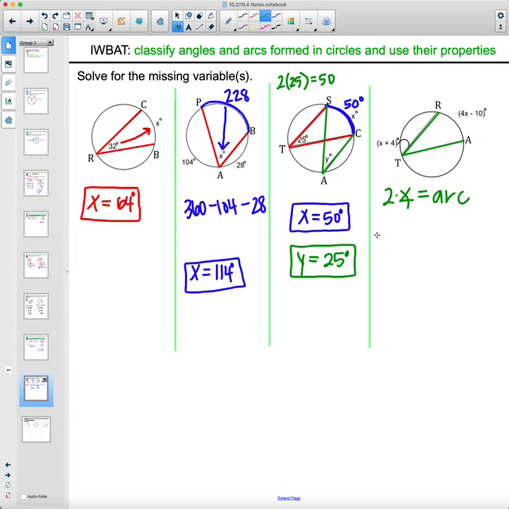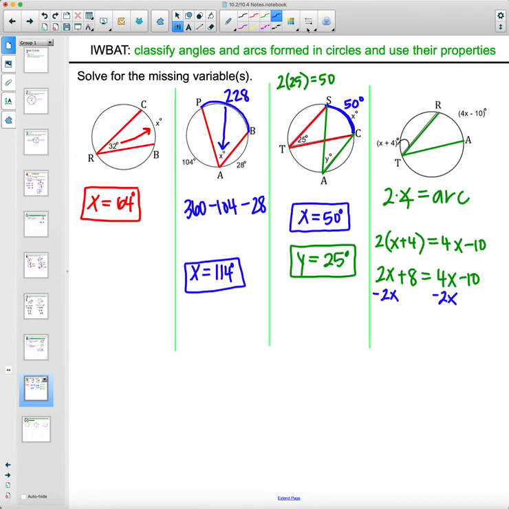So in this case, we'll do 2 times the angle, which is x plus 4, equals the arc, 4x minus 10. So distribute the 2 in, so we get 2x plus 8 equals 4x minus 10. And then we need to get our like terms together. So I like to get the x's together first.